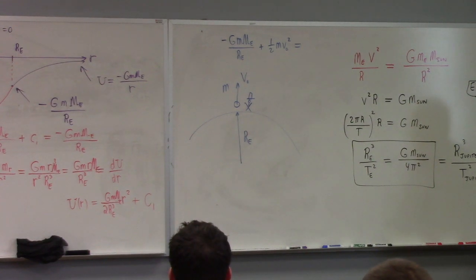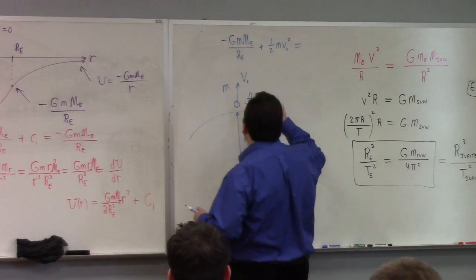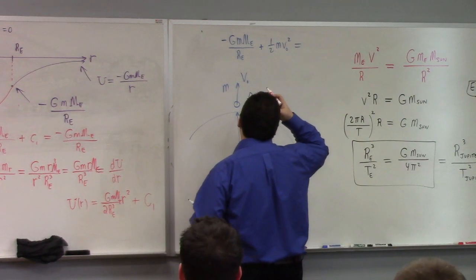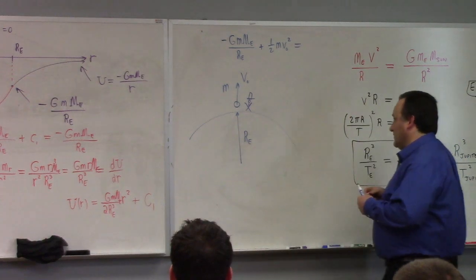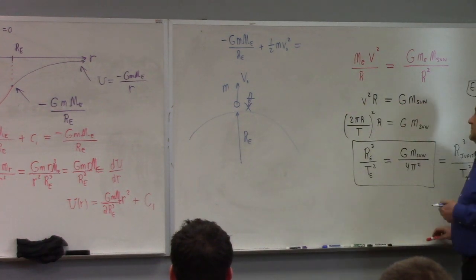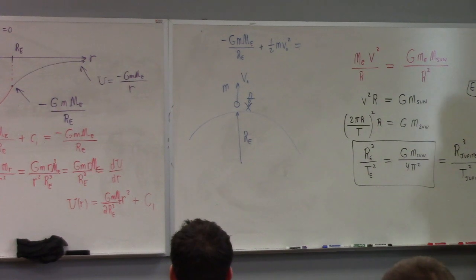And the question is, what would it take for the ball to come up, right? Goodness gracious, I'm trying to think of the right answer here. So how high does the mass go is my question.